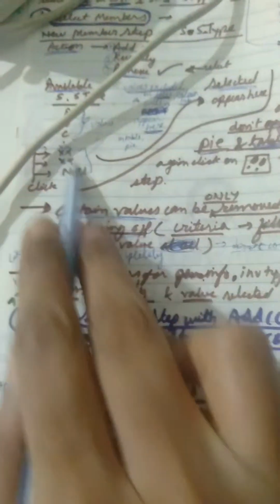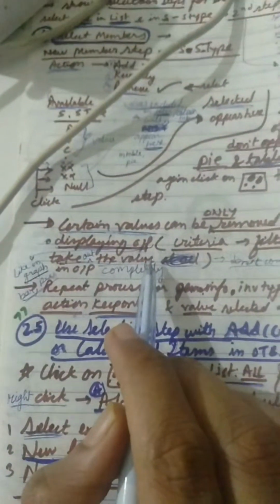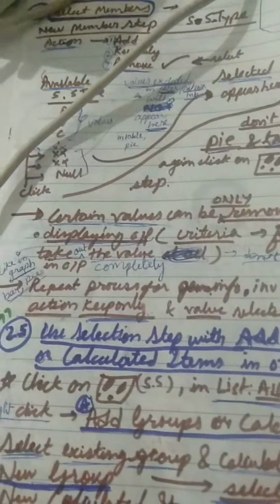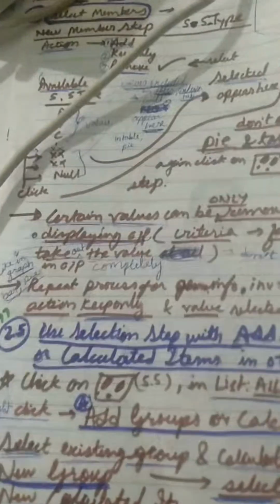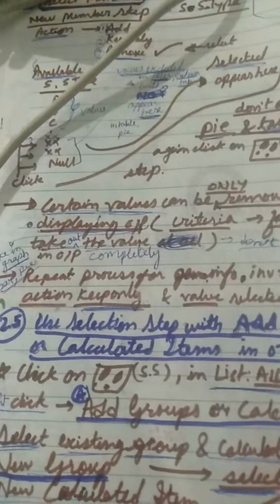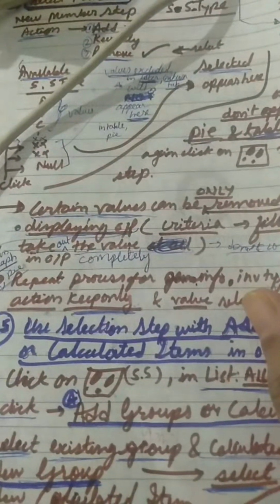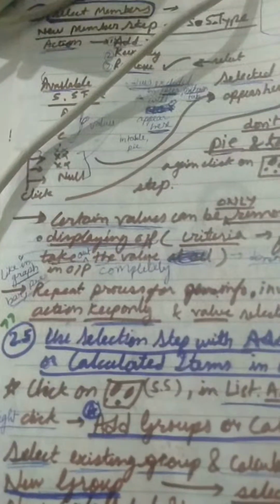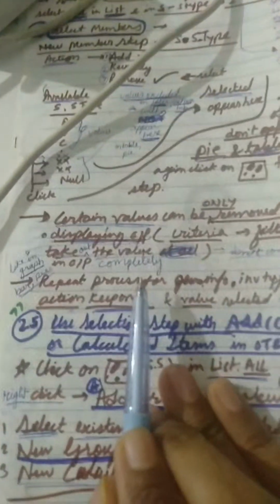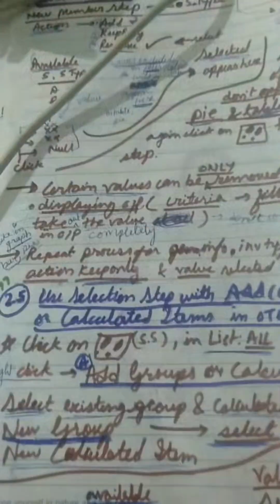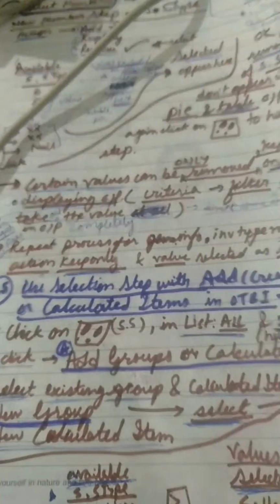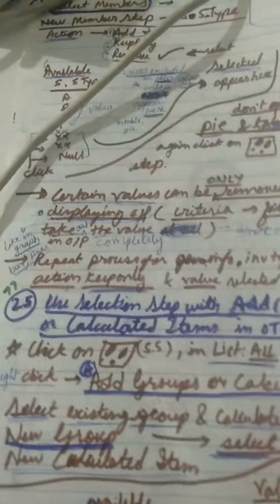all these values completely from the output. Meaning, if I want to keep the values but I want to show only what is visible to the user, then I can use this select remove option of select member. Otherwise, if I use a filter for achieving the same thing, removing XX and null, these values will be completely taken out.